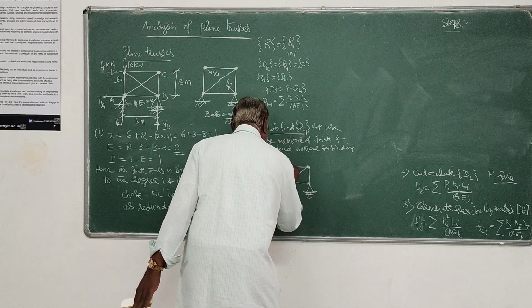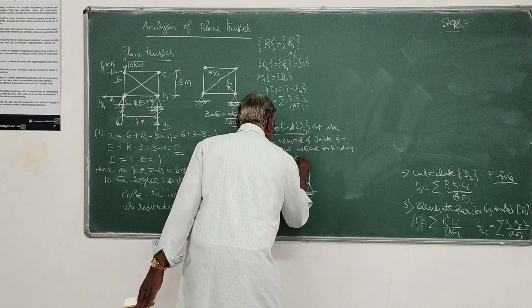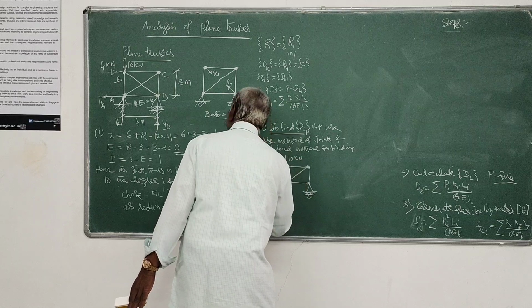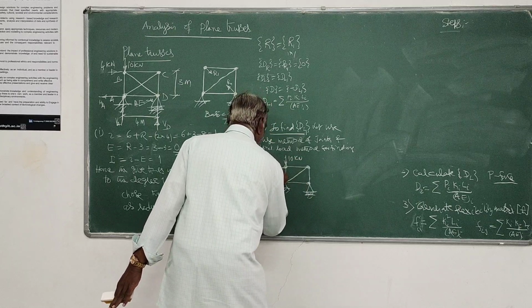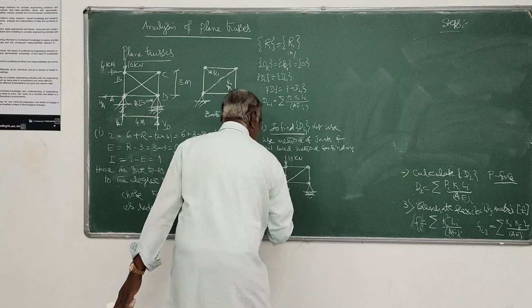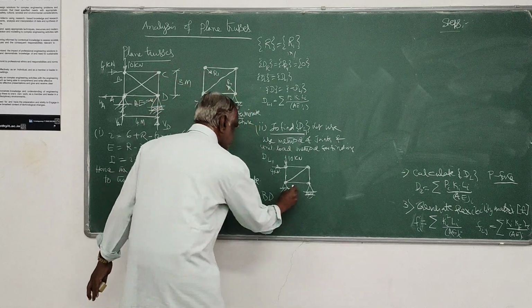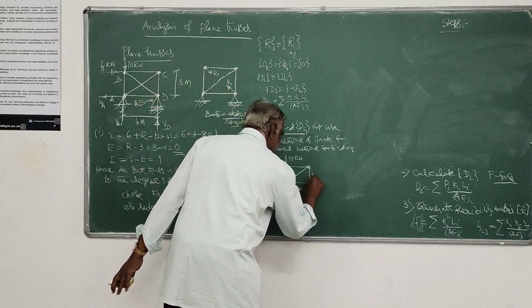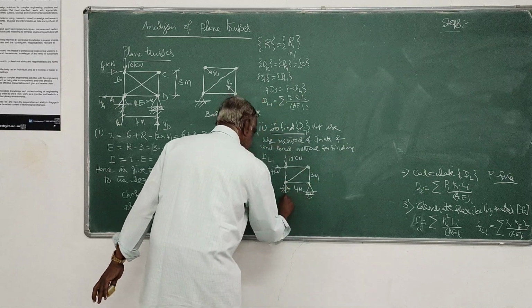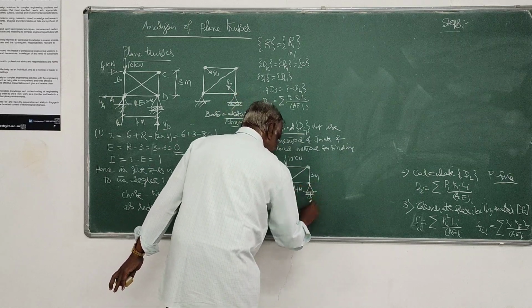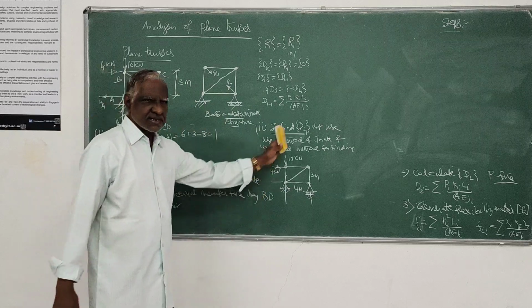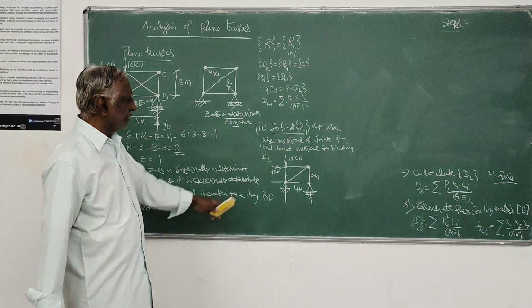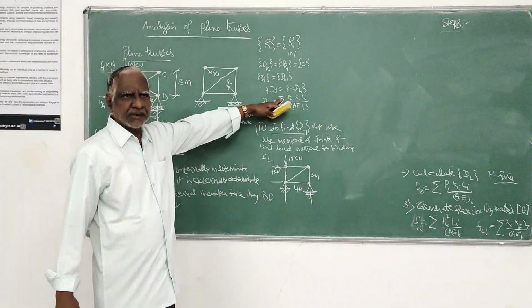Take the external loads: it is 10 kilonewtons, and here it is 4 kilonewtons, and A is constant, this is 4 meters, this is 3 meters. So I have to evaluate reactions and analyze these stresses by method of joints in order to calculate P_i.